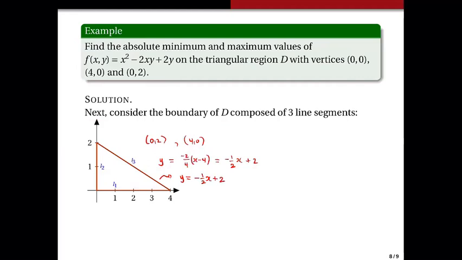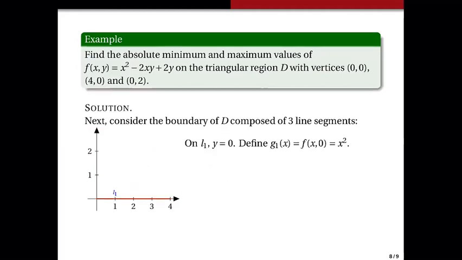Okay. So again, let's study each line. For L1, you have y equals 0. So define G1 of x. That's your f of x comma 0, and that's simply x squared.